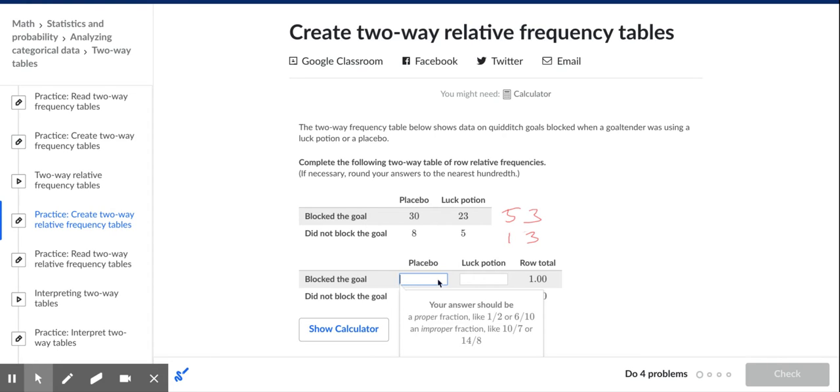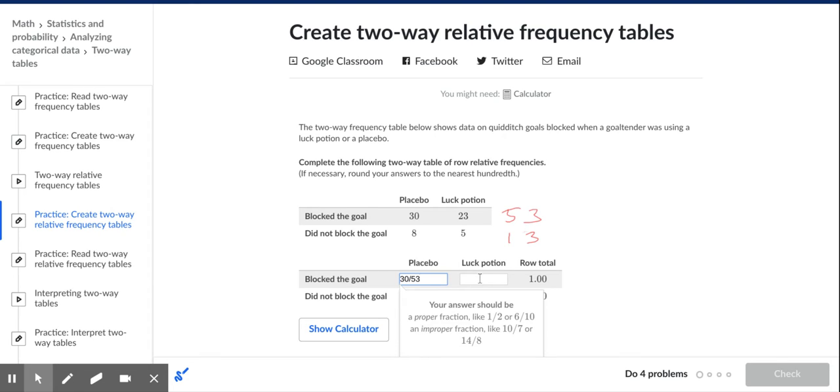Figure yourself out, Khan Academy. Okay, apparently it wants a fraction. It's not expecting that. So this is going to be 30 over 53. It's way more useful looking if you have a decimal, but whatever. I don't think we can reduce that.